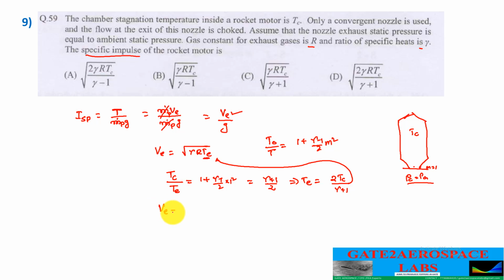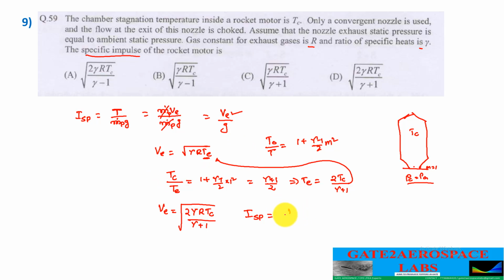So Ve will be equal to root under gamma R into Te, which is 2 R Tc divided by gamma plus 1. So this is the exhaust velocity, but what we have to determine is the Isp, specific impulse, which we have seen is equal to Ve by g.